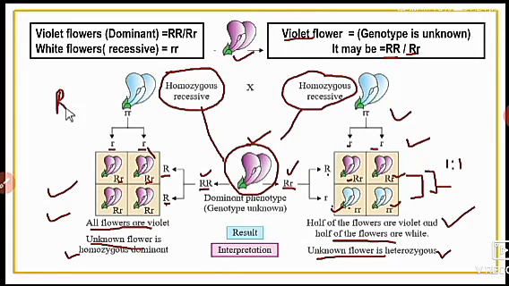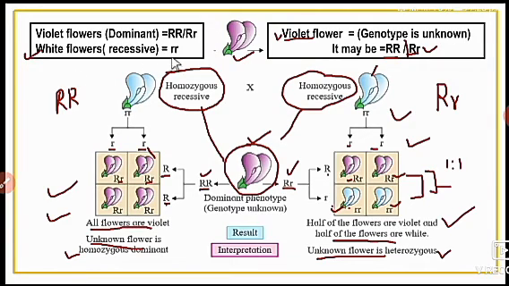Whether the plant is homozygous or heterozygous, we decide by crossing the violet flowers with the genotype capital R small r, and the cross is always with a homozygous recessive parent.